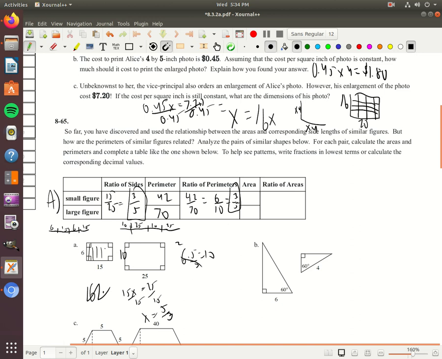The area is talking about how much lawn seed you would need. So 6 times 15 would be 90, and here 10 times 25 would be 250. So if I simplify that, obviously, you can barely read this, sorry. That's supposed to be a 250.